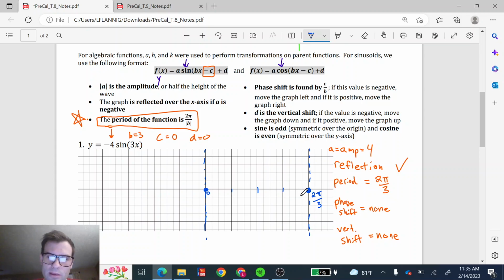Well, we know the middle position is always going to be half of 2 pi over 3. This position is a fourth, and this position is 3/4 of this. So a half of 2 pi over 3 is just pi over 3. If you divide that by 2, it's just pi over 3. Then we have half of pi over 3, or a fourth of 2 pi over 3, is pi over 6.